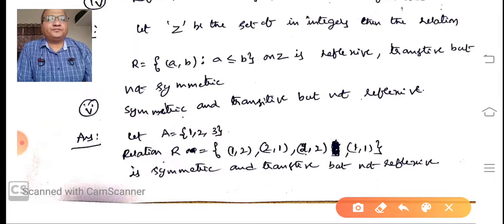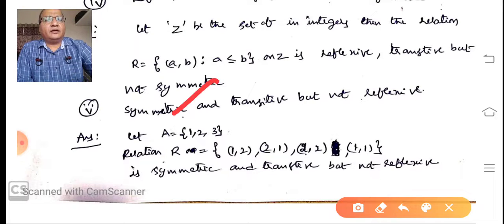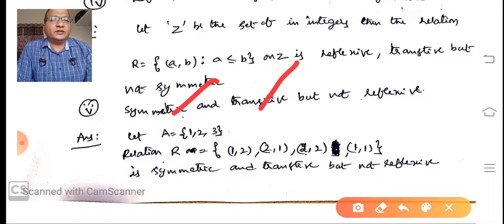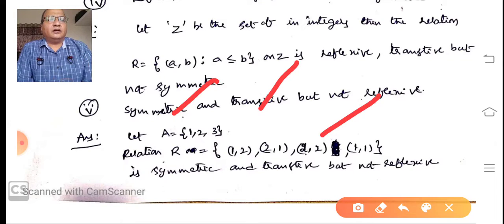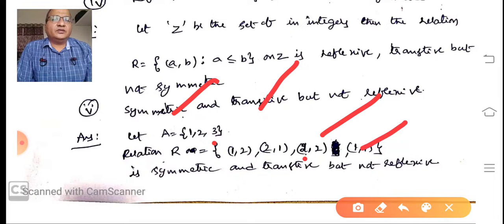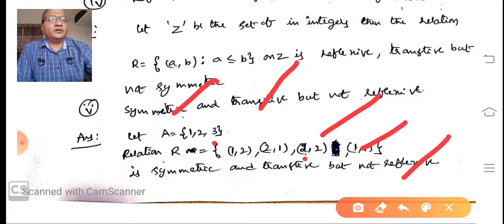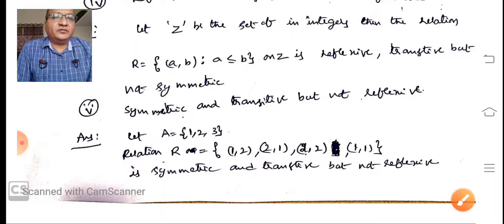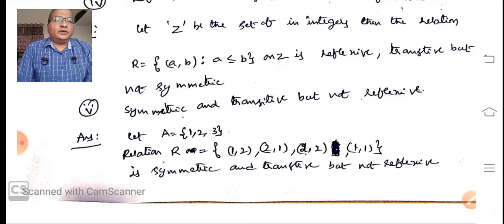Now come to this one, which is symmetric, transitive but not reflexive. Here I take (1,1), (1,2), (2,1), (2,2). It is not reflexive because 1,1 and 2,2 are there, but 3,3 is not there. For element 3, (3,3) is not in the relation, therefore it is not reflexive. If you interchange (1,2) to (2,1), and (2,2) stays (2,2), so it is symmetric.